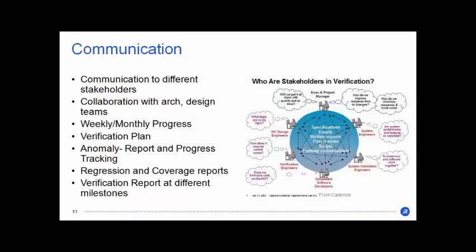It's very important to have such a report. Other reports like regression and coverage give you an idea of where you are in terms of the final sign-off. The verification reports at different milestones are also very important, to give all the people and management a sense of how you're making progress and where you are.